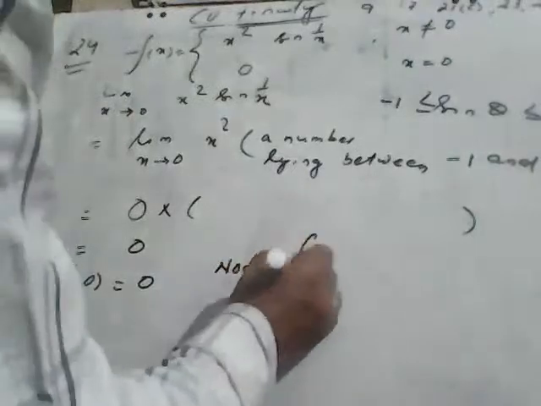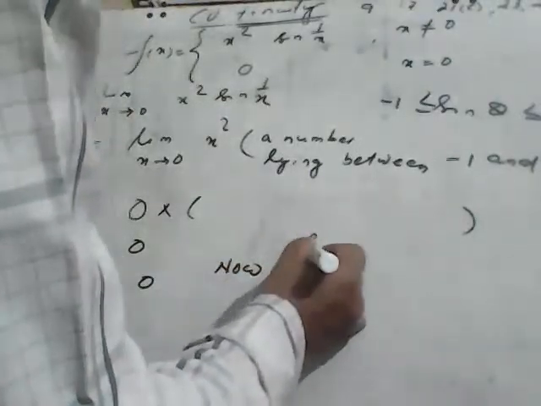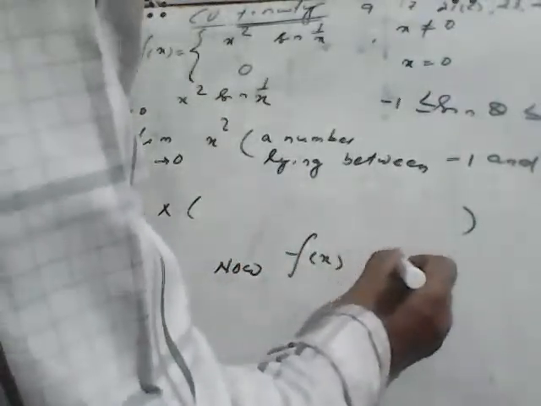And f of 0 is given: f(x) equals 0 when x is 0. If x is 0, f(x) is also 0. Now f(x) is continuous at x equal to 0.